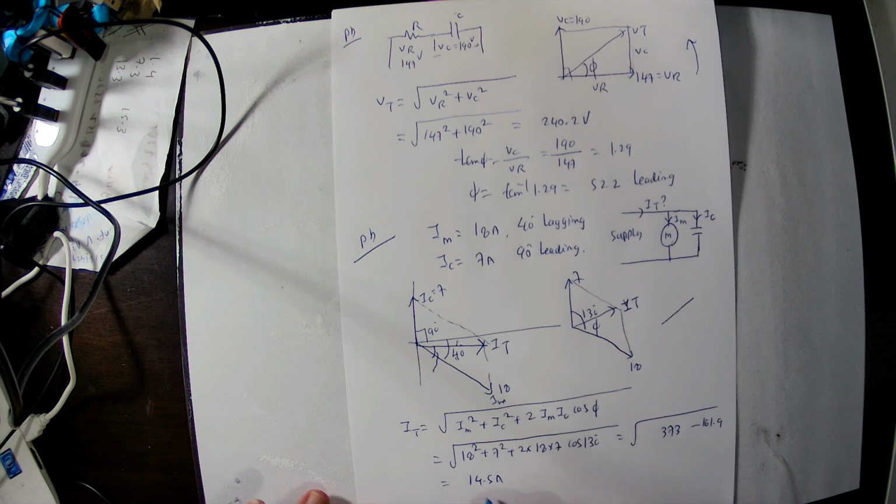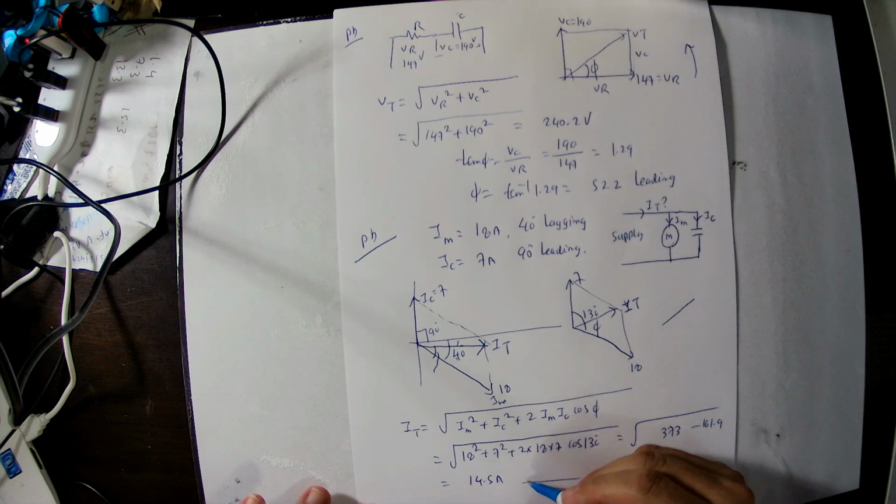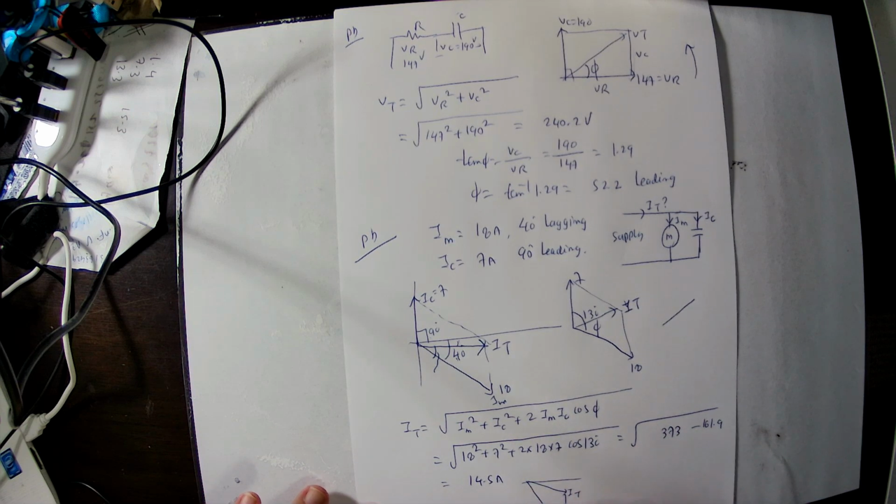This is I total. Here is 7, here is 18. So 7 is the IC value, 18 is the IM value.